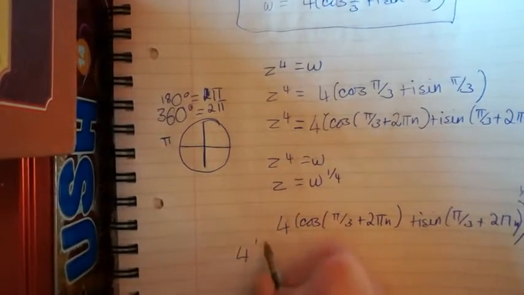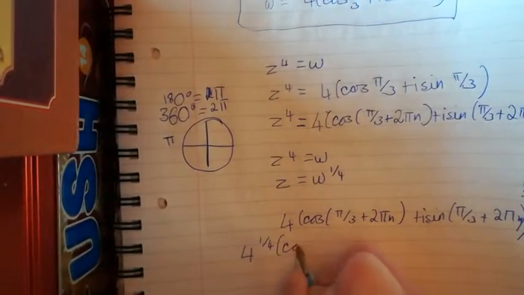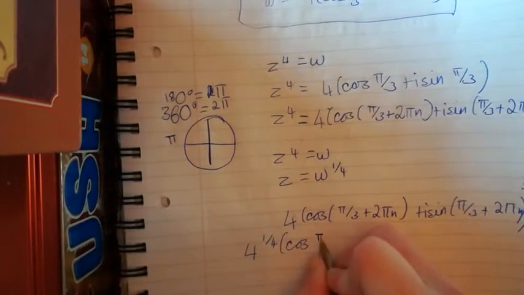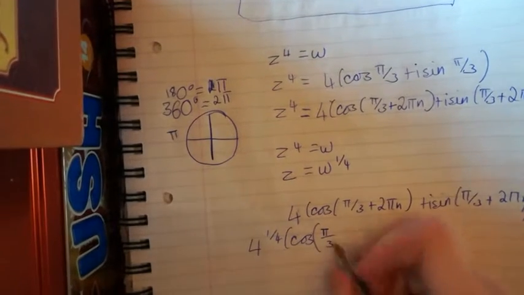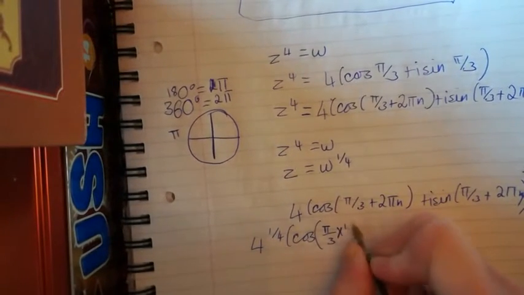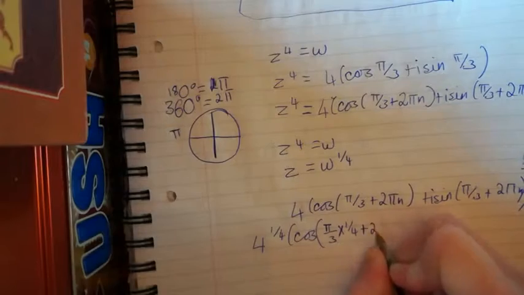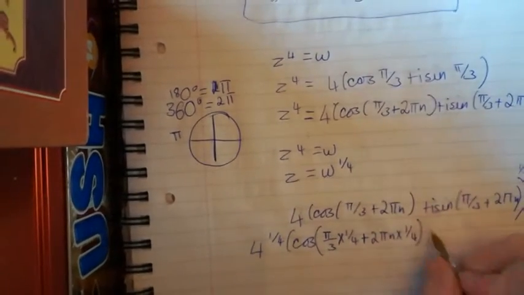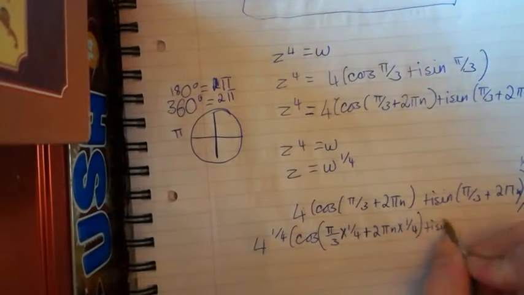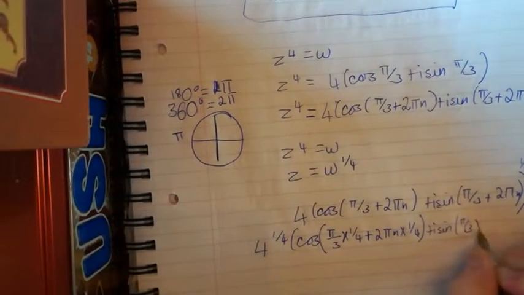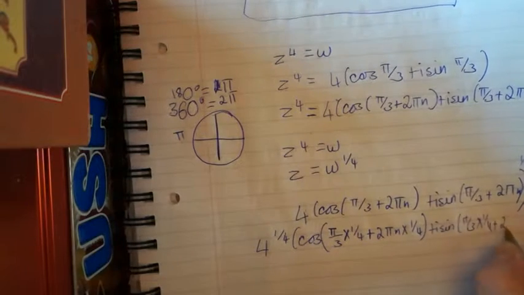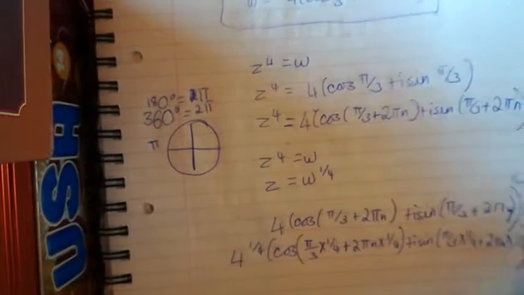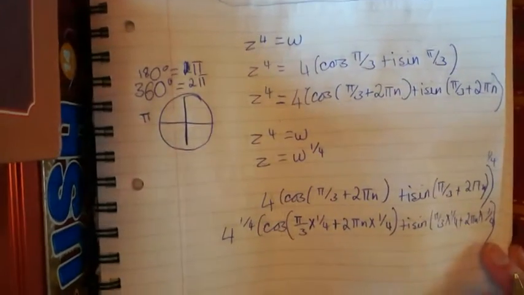It's going to be 4 to the power of a quarter by cos, pi over 3 by a quarter plus 2 pi n by a quarter, plus i sin, the same here, pi over 3 by a quarter plus 2 pi n by a quarter.